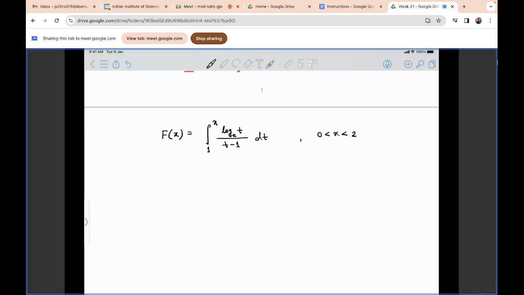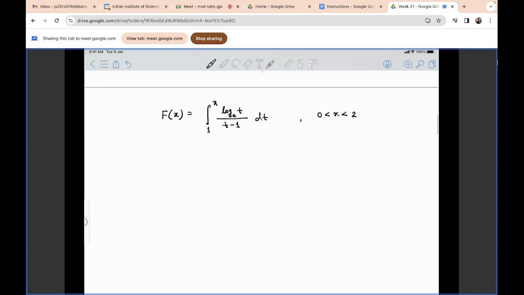But if you compute the derivative 5 times, it will be cumbersome. It's not easy. So we'll use the expansion of log in terms of a power series. We know the expansion of log that we can use. So first, just write down this one.